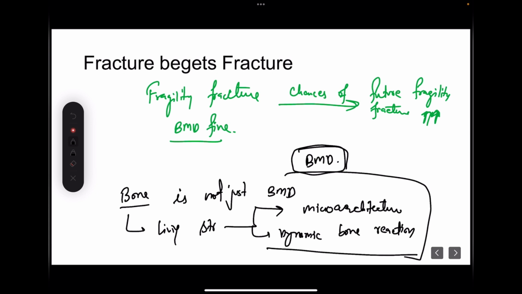So if a patient has a fragility fracture, that means the bone is not healthy. And if a patient develops a fragility fracture, definitely the chances of future fragility fracture will be very high, even if the BMD is high. So although BMD is a predictor of fractures in most patients, sometimes BMD is not that accurate. So a fragility fracture in a patient will always be a better predictor of future fragility fracture than BMD.